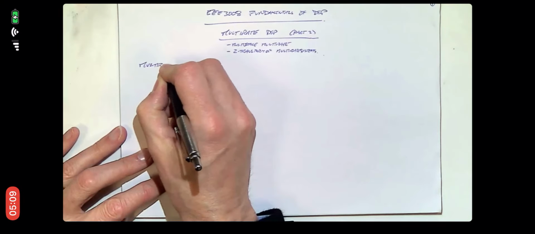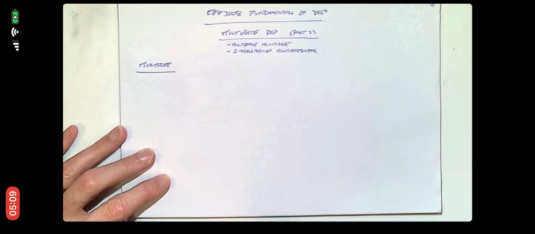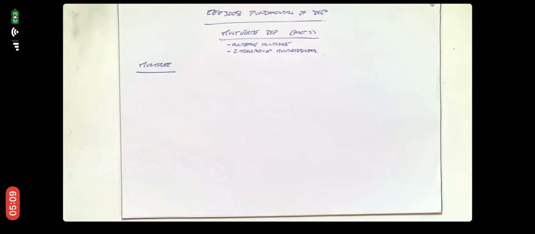system we covered last week about changing the sampling rate that we're using in our system. You might remember from last week that you were either upsampling or downsampling to change the sample rate. Although we didn't talk about it last week, you can also change by a rational number.